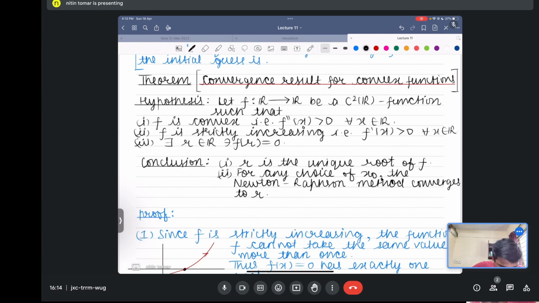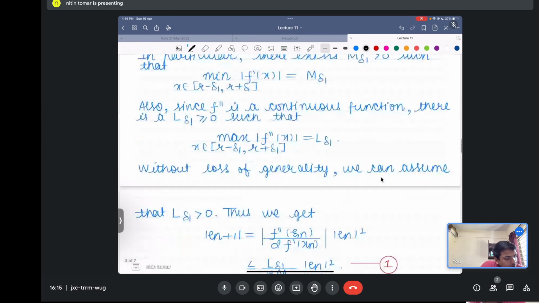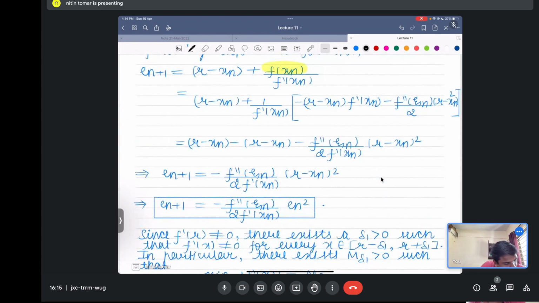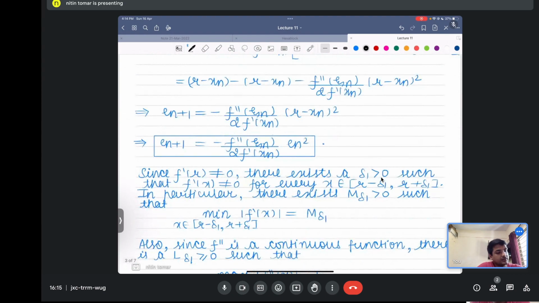So maybe, okay, let us see. In the Newton-Raphson method, it should be noted that from this equation, I'll write, because I just have to write a few lines. Now what does it mean?